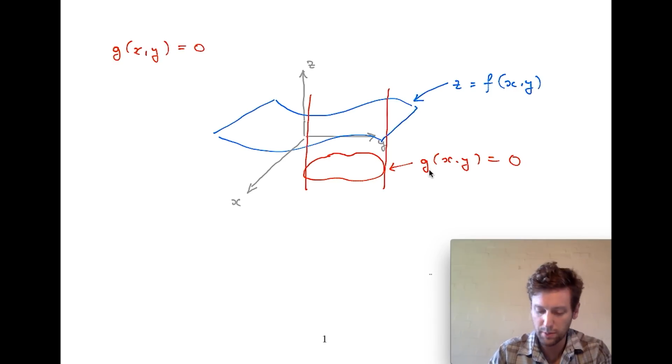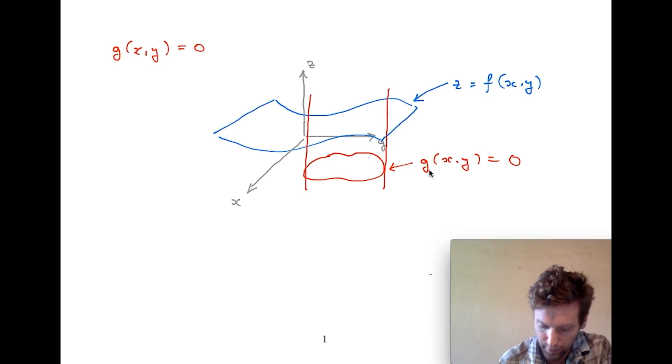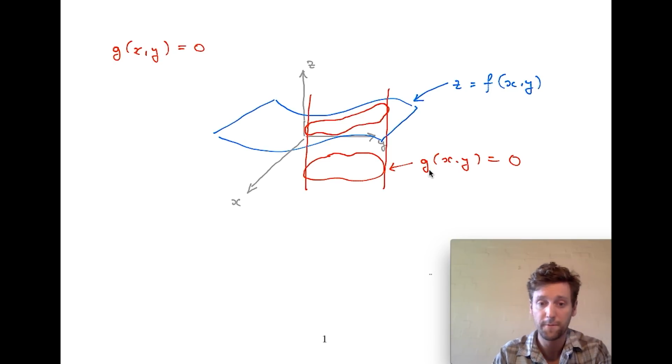And you can see that this shape is now going to intercept with our surface f of x and y. It's going to form some sort of curve on that surface. It might be slightly deformed because the surface itself is not flat. But you see it's going to form a curve on that surface. Now, our problem of finding the maximum or minimum values given the constraint g of x and y equals 0 basically involves trying to find the point along this curve where f of x and y is maximum or minimum.